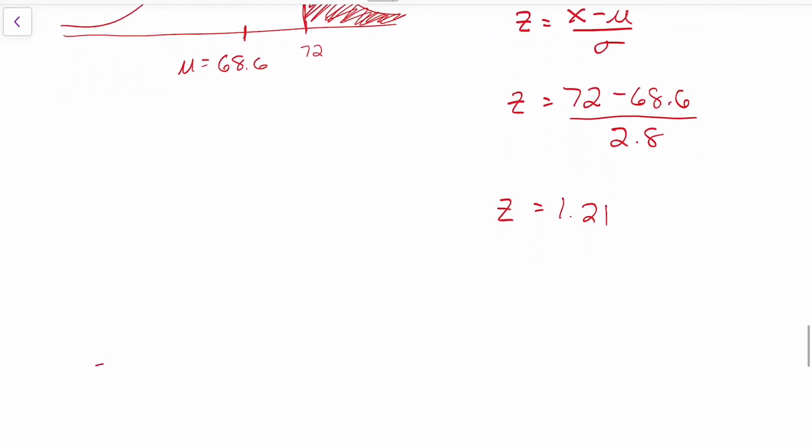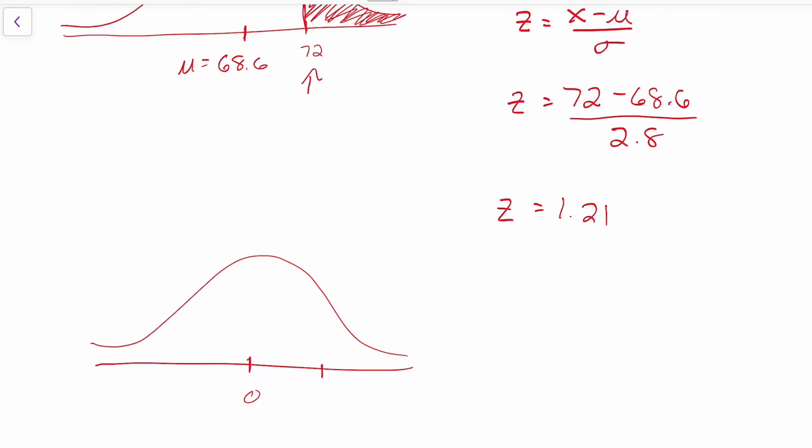That means when I have my normal distribution of mean of 0, that point of 72 is going to correspond to a normal standard distribution of a z-score of 1.21. So I want to compute the area here under this curve. I want to find the probability that z is greater than 1.21, right?